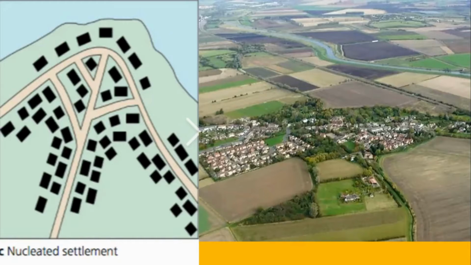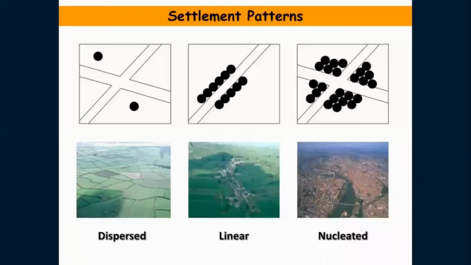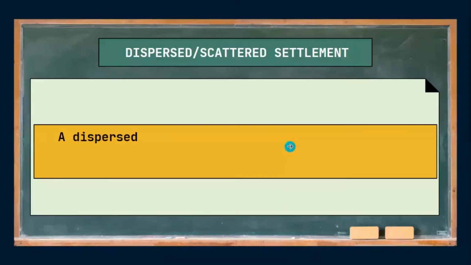So again, dispersed is where the buildings or houses are far apart. Linear is when they are following a line, and nucleated is when they are closely compact together.